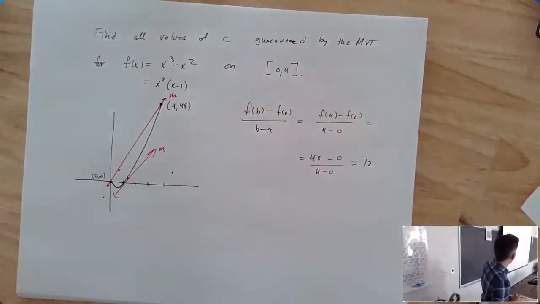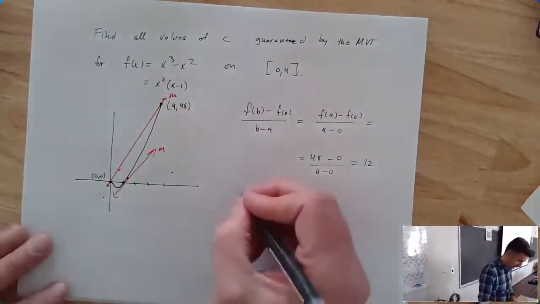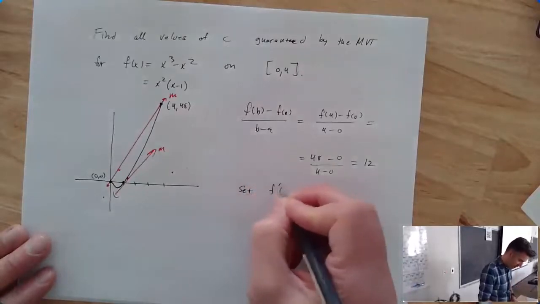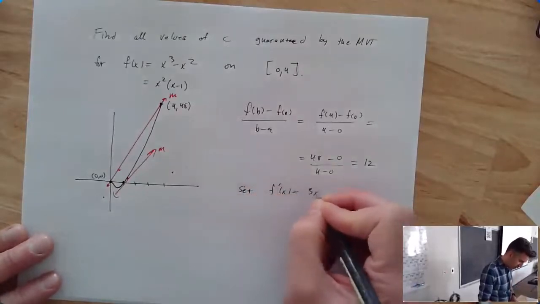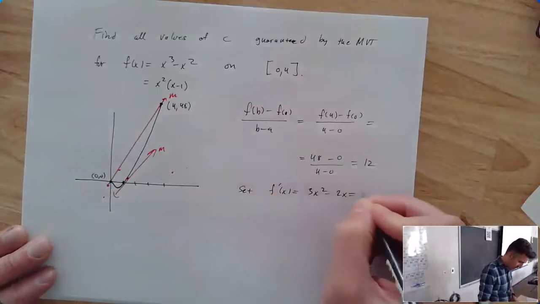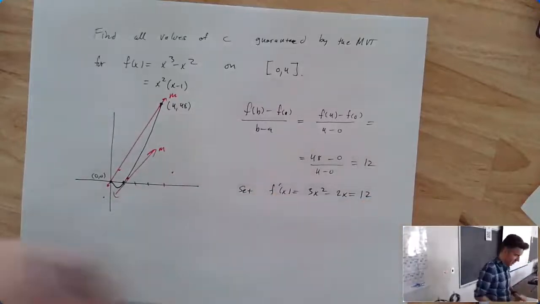So we're trying to find the place where the slope of the tangent line is equal to 12, aka we're trying to find a place where the derivative is equal to 12. So we're going to set f prime of x, which is 3x squared minus 2x, equal to 12. And then we're going to solve.